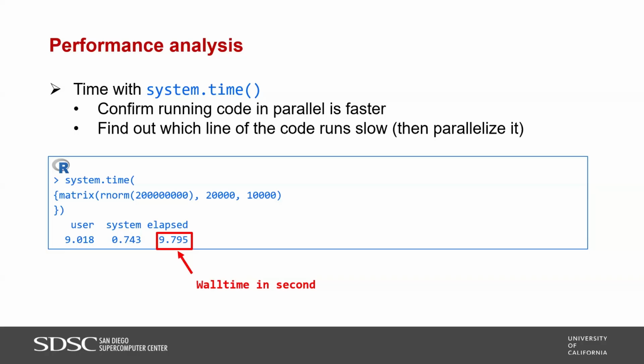Like in this example, the system.time function is measuring the time of generating a large matrix, and it turns out this function runs for almost 10 seconds, and you can just look at the last number in the output. That is the wall time of the function running, in seconds.